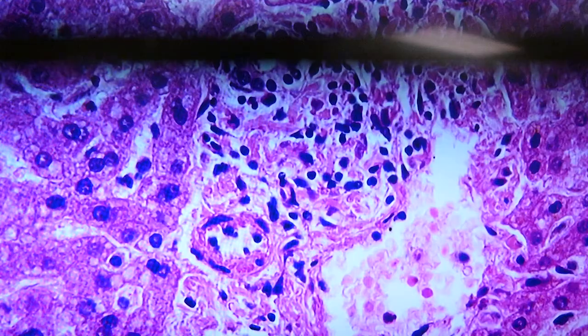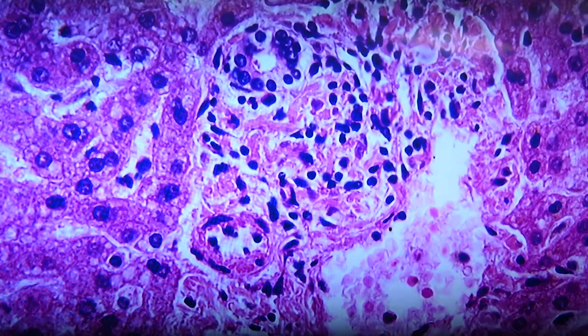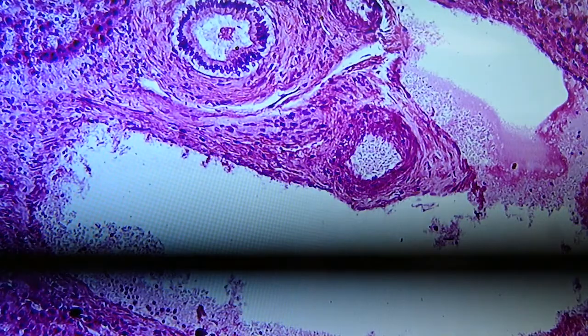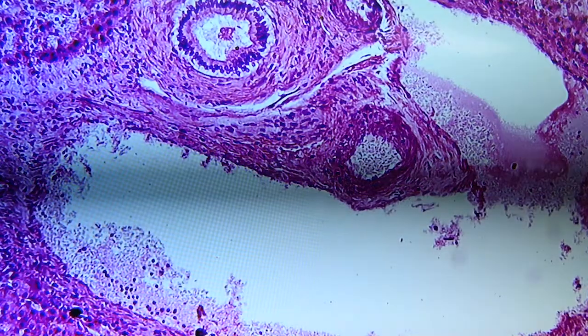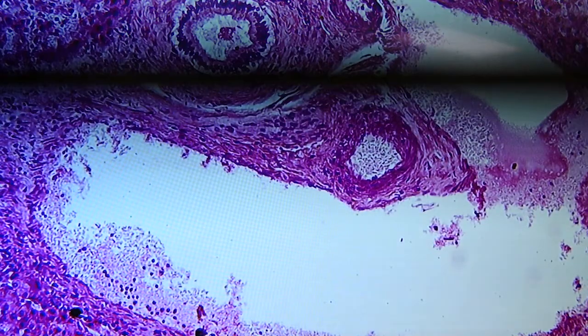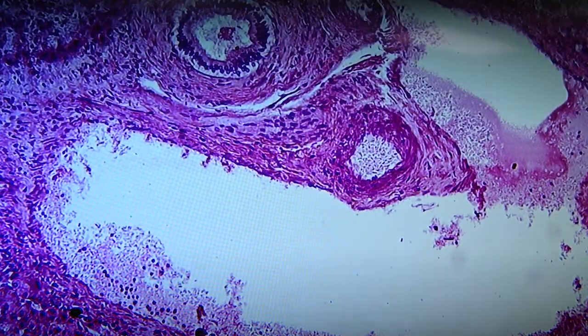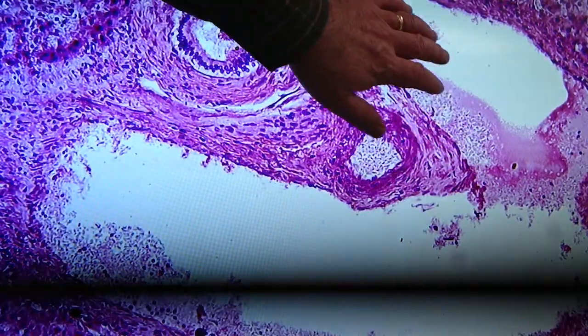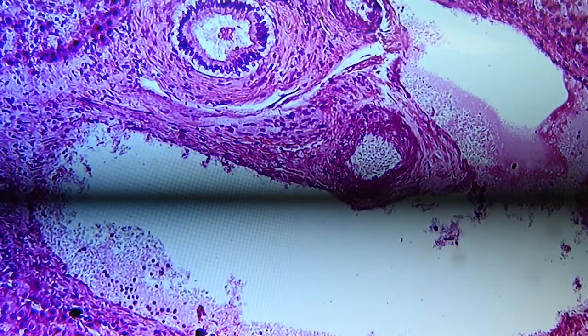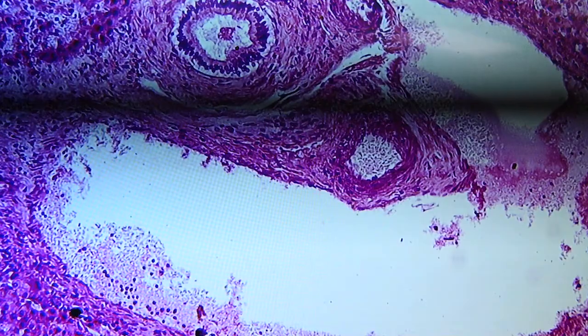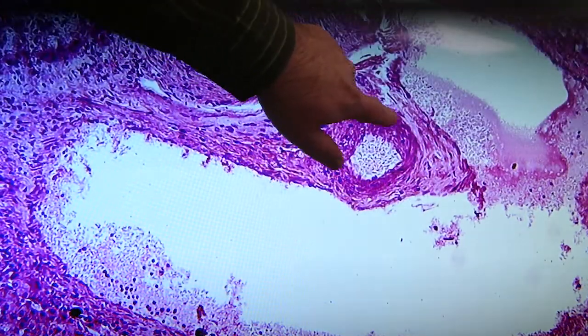Next example of a portal triad. This is a very large triad example. This is a lower magnification to get everything on the screen. But all this white space here, this is all the hepatic portal vein branch. There are a couple of arteries, fairly large arteries, going through here.